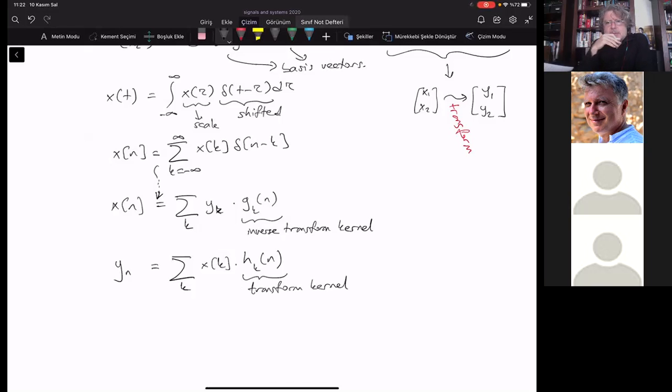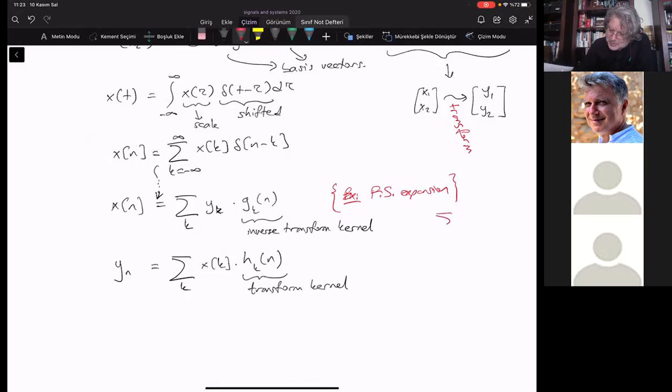Right now, it may look very abstract, but when we write the Fourier transform as an example, it starts making sense. An example of this representation would be the Fourier series expansion, where g sub k of n are actually complex exponentials, e to the jk omega 0 n.